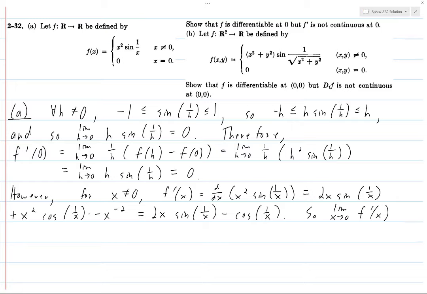This limit does not exist because the limit as x goes to infinity of cosine of x does not exist. So f prime is not continuous at 0, which is odd given the fact that it's differentiable there. But yeah, differentiable does not imply continuously differentiable, and this is just an example of that.